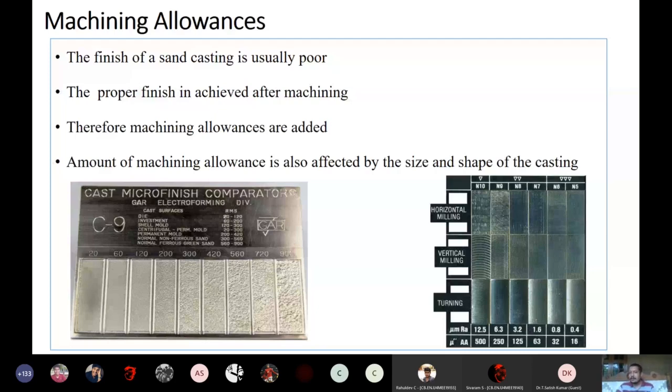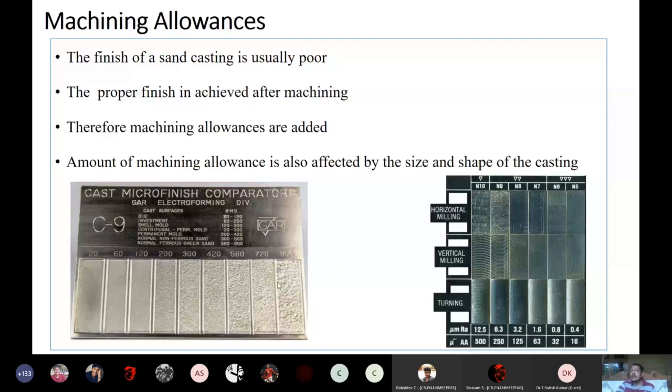I have given you some operations here: turning, vertical milling, horizontal milling, etc. There are also fine machining operations called grinding, lapping, etc. In all these cases, you will get extremely fine surface textures on your product. For that, extra space should be there on the mold to compensate for this allowance.